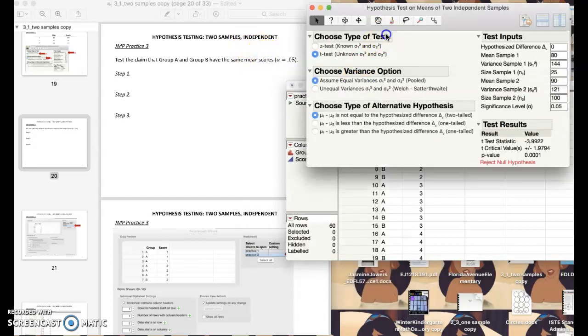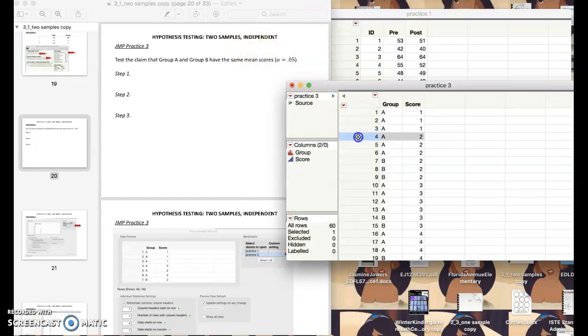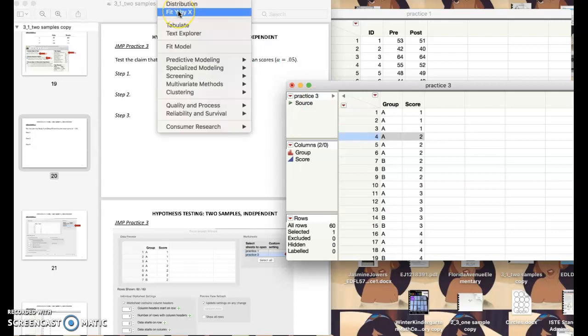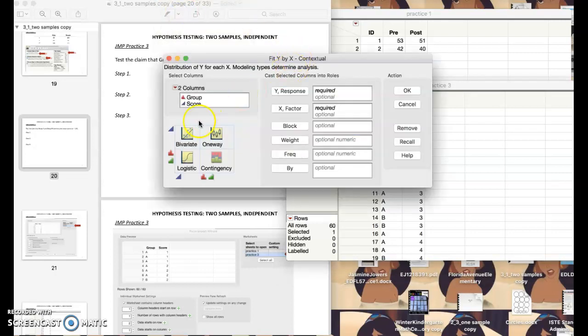So go to analyze. You have actual data. Go to analyze, click fit y by x. Again, our null hypothesis was that the mean scores are equal. Your score, normally a continuous variable, goes to y.